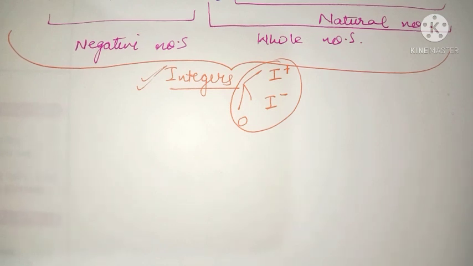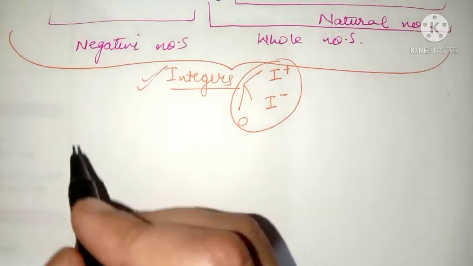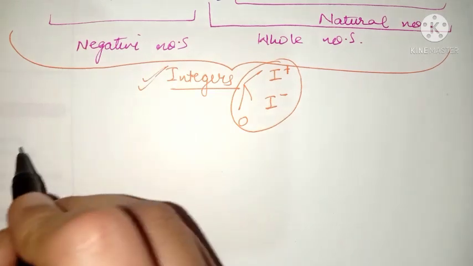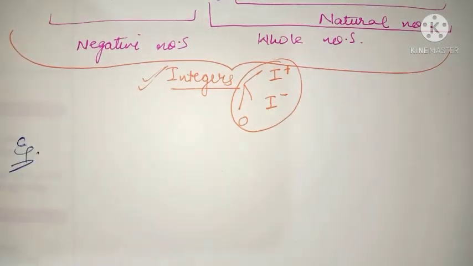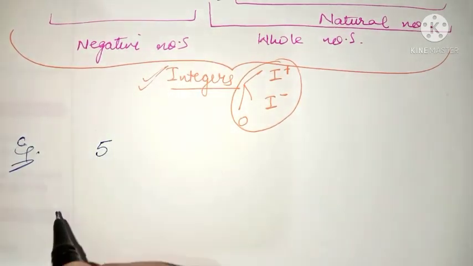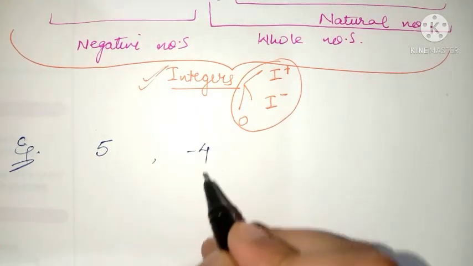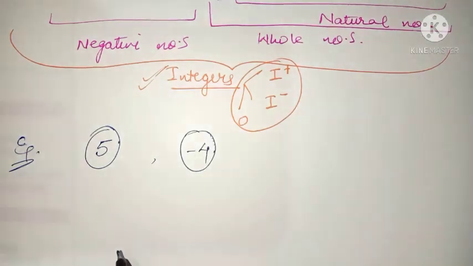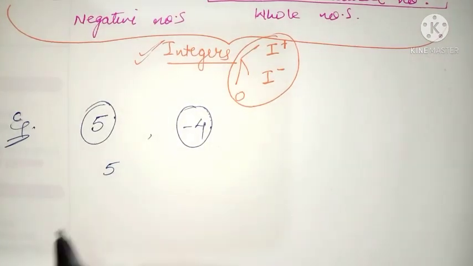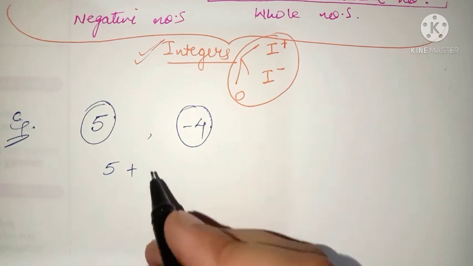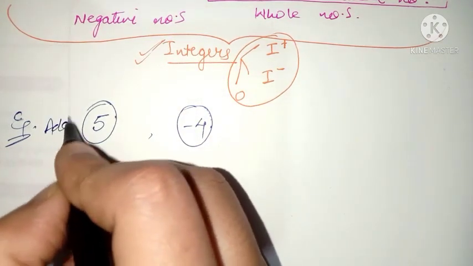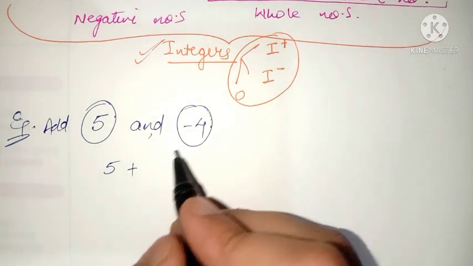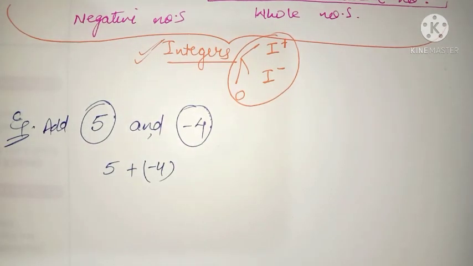For now, I'm giving you a rough and quick idea about how things are subtracted and added in the case of integers. For example, if we take 5 and -4 and someone asks us to add these two numbers, we write 5, we apply plus because we are asked to add these numbers, and then we write down the next number, which is -4.